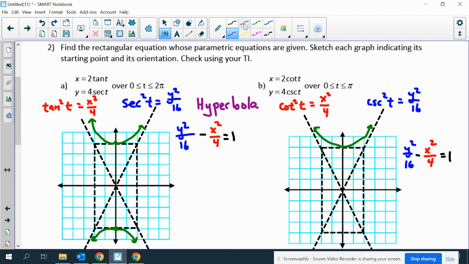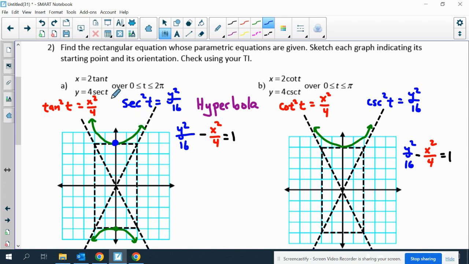So if I think about where this will start, for letter A, I'd want to substitute in 0. So if I substitute 0 in, I get, well, tangent of 0 is 0, and secant of 0 is 1, so I get 0, 4. So this is my starting spot.